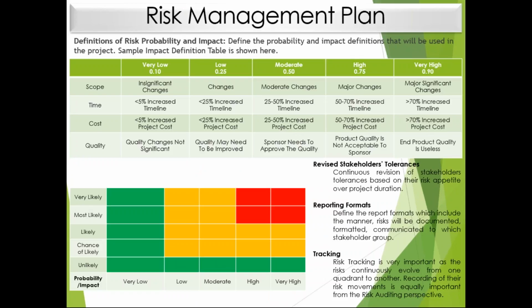For example, given here is a template. If the risk is categorized as very low, in scope it would mean insignificant changes. That's how I would categorize the risks, so that there is no ambiguity at a later stage.